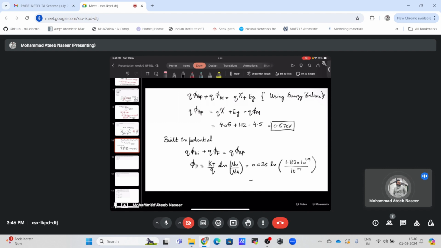So it is simply ln of 183, which is 5.20, times 0.026. It is 0.14.